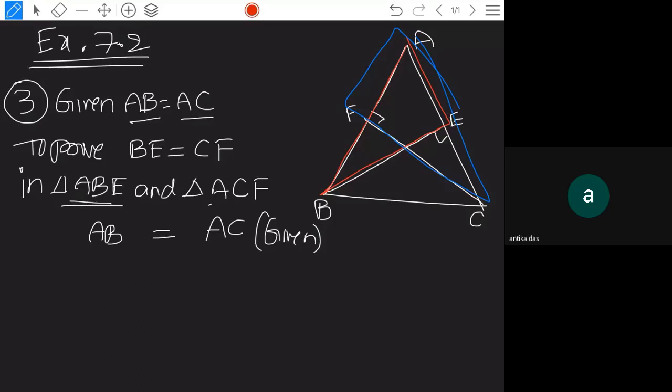Angle BEA equals angle AFC because both are 90 degrees.